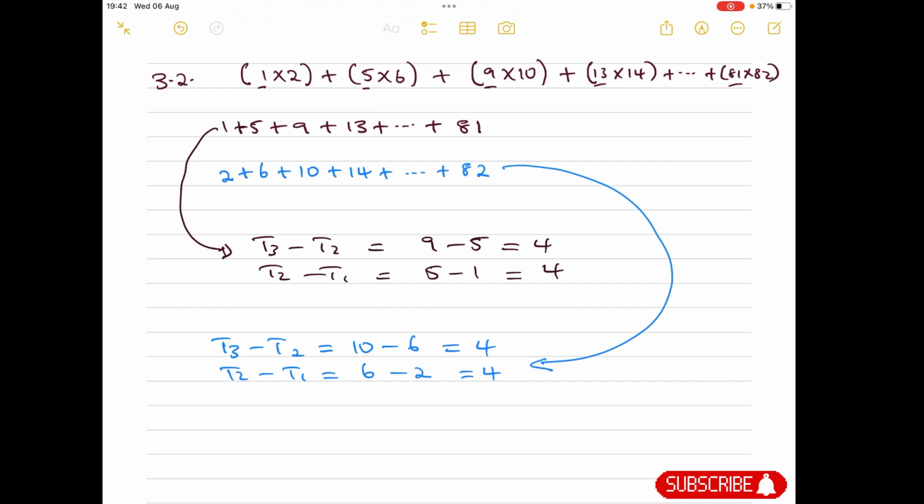So there's something common with these two series. They are both arithmetic. They both have a common difference. But the difference is that the first one has a first term that is 1, and the second one has a first term that is equal to 2.